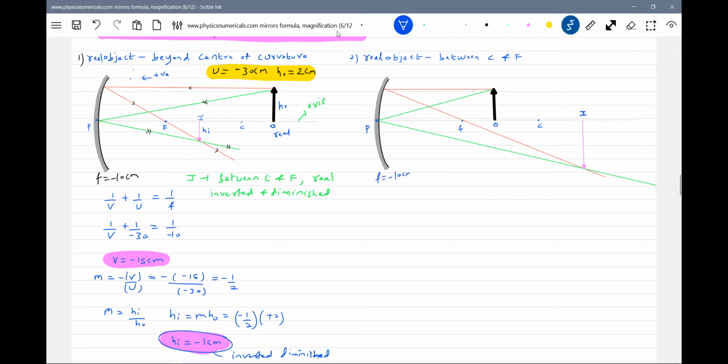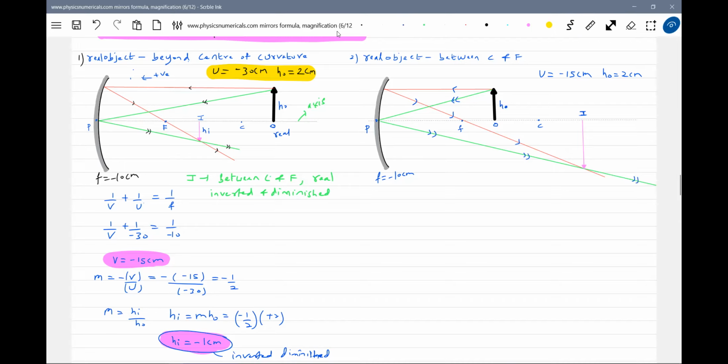Similarly, now with the same focal length, we will continue with the same concave mirror. The object is kept between C and F, where the object distance is now minus 15 centimeter and the height of the object is 2 centimeter. Where is the object?